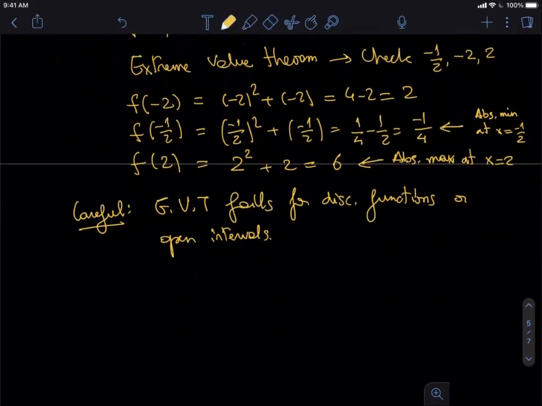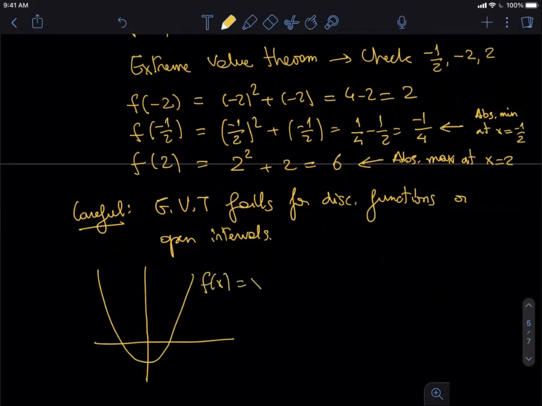For example, I could take the function f of x equals x squared plus x, on the real line, negative infinity to infinity.